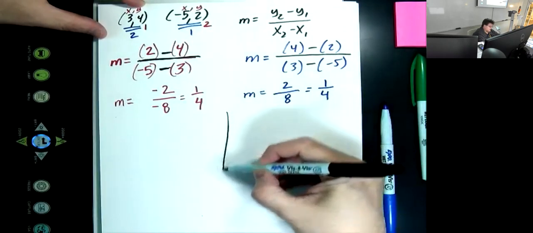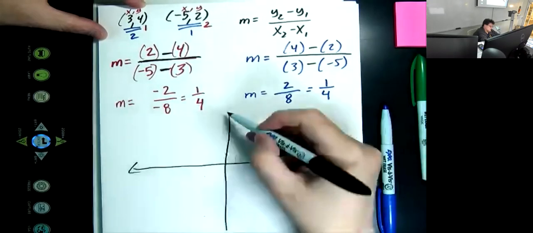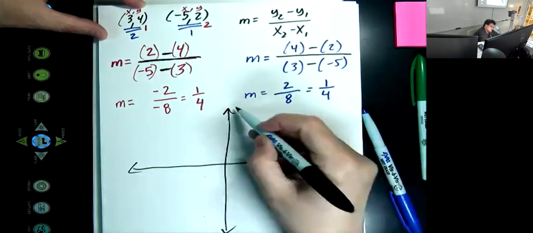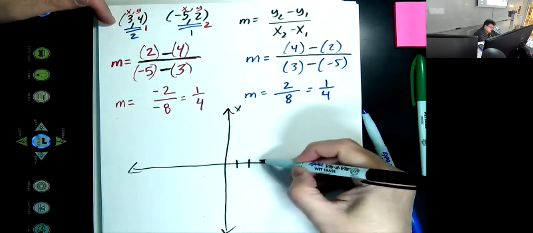And why don't we try checking out what happens when we use this slope from either point. So I need 3, 4 to fit on the graph.